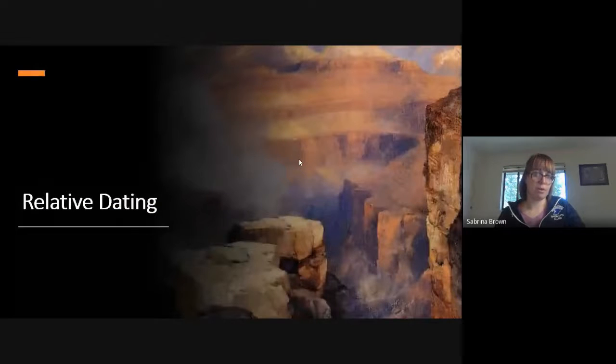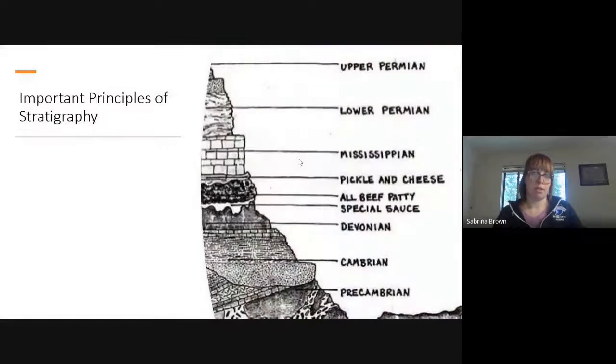All right, so let's talk about relative dating. There are a number of what we call principles of stratigraphy, and these principles are based on the principle of uniformitarianism, and they help us figure out which layer of rock is older or younger than another layer.